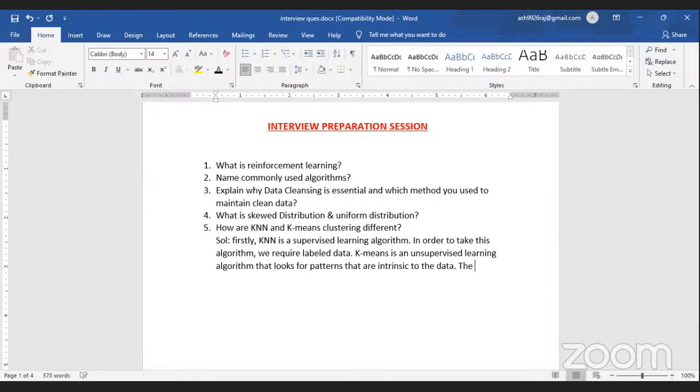The K in KNN is the number of nearest data points, and on the contrary, the K in K means specifies the number of centroids.